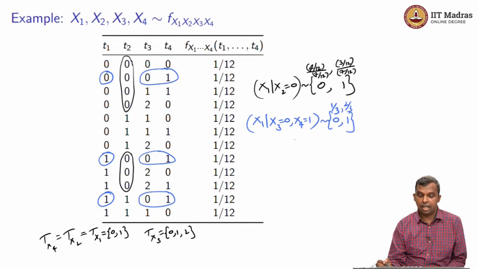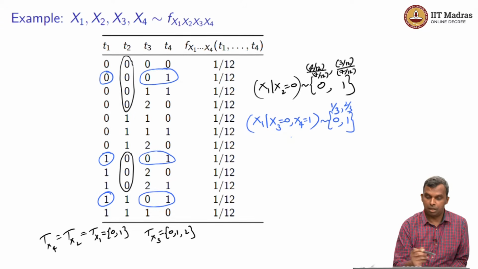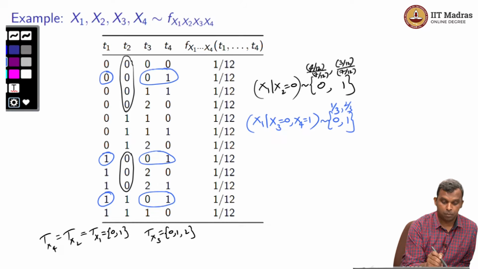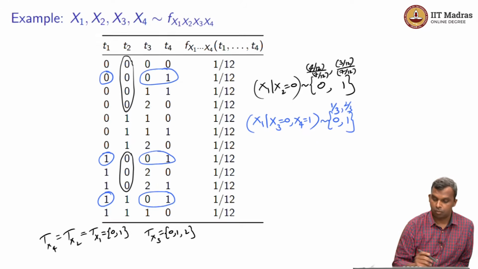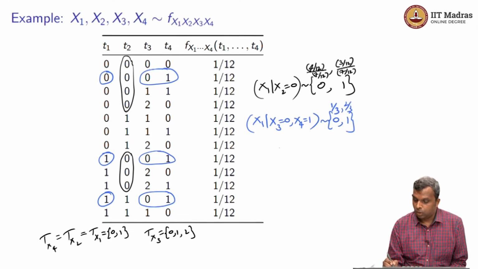Let's look at something a bit more interesting maybe. Okay. Maybe we'll look at this case. Let's look at x3, x4 given x1 equals 0. Okay, so this is something I'm going to look at.